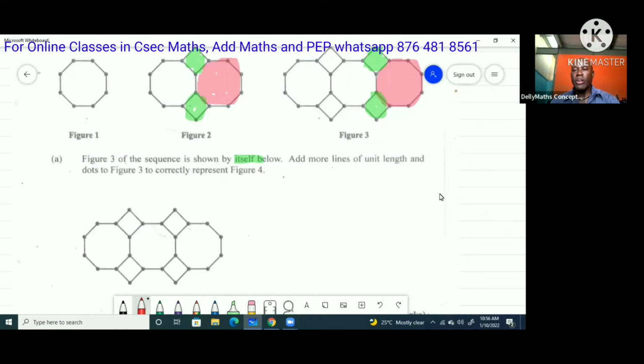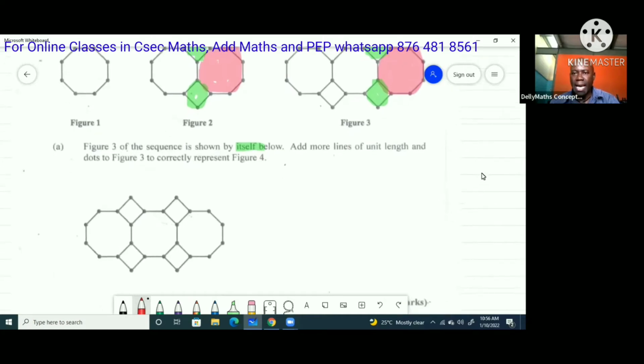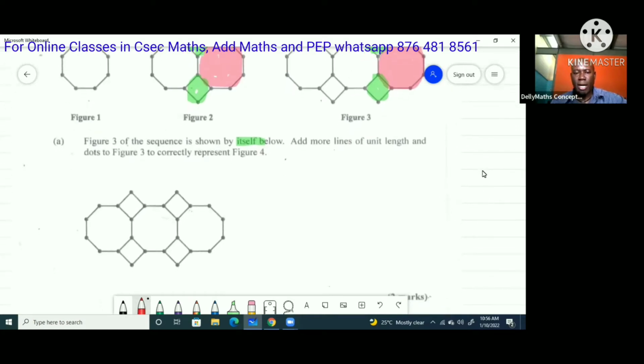We're going to be adding 2 squares at the end and then draw back our octagon. So at the end here, you're going to be putting on a square there. You're going to be putting on another square here. And then you're going to catch back that octagonal shape that you got from before. All right. Basically, that's what you will be doing there to collect that mark.